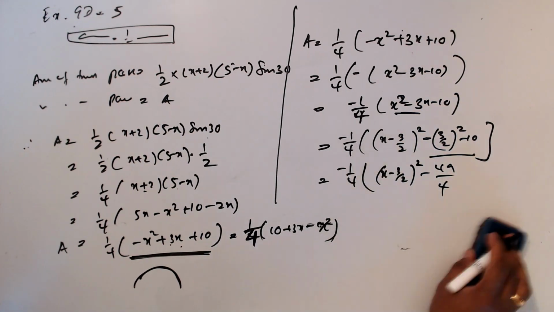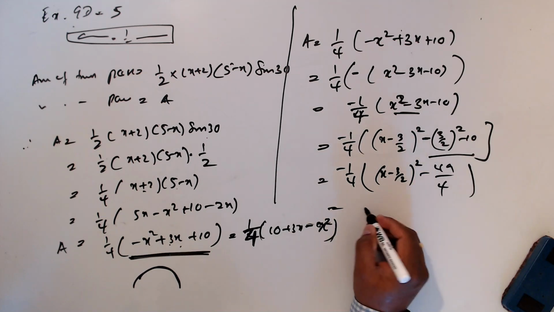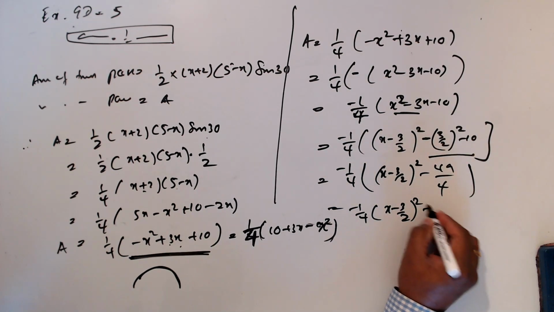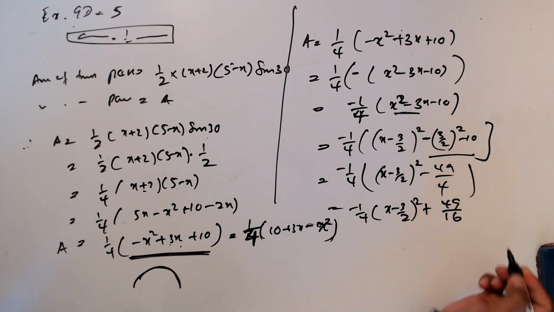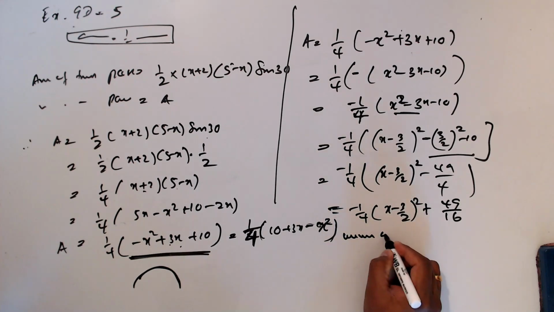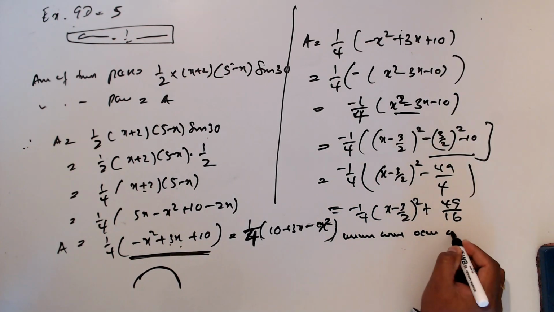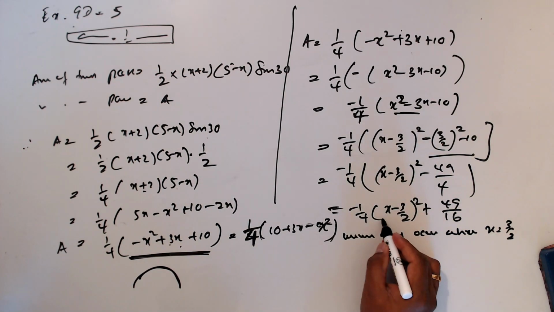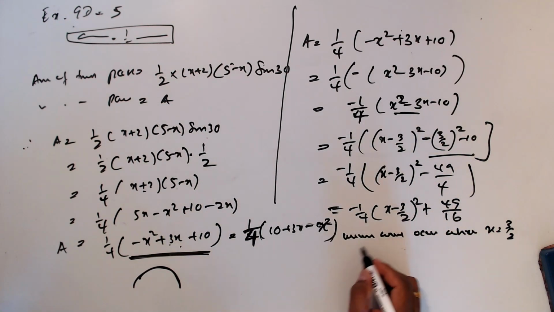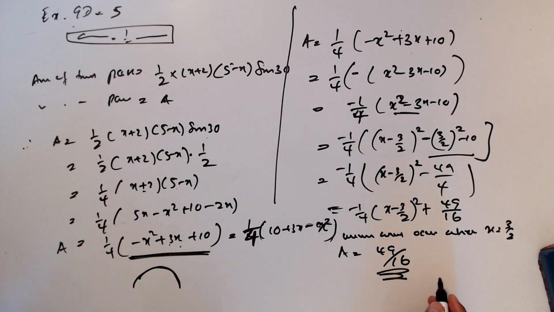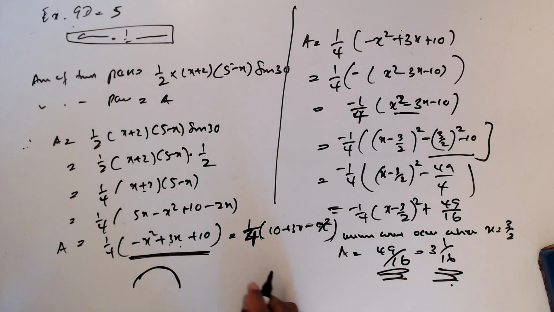Now we expand this: minus 1 over 4 (x minus 3 over 2) square plus 49 over 16. Now the maximum will occur when x equals 3 over 2. When x equals 3 over 2, the value of A is 49 over 16, or 3 1 over 16.